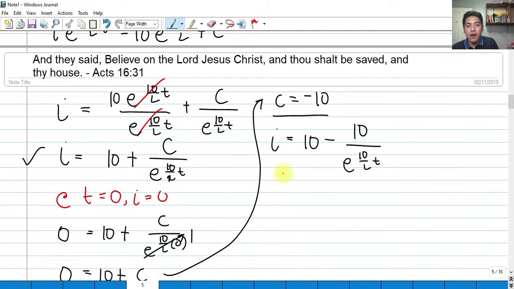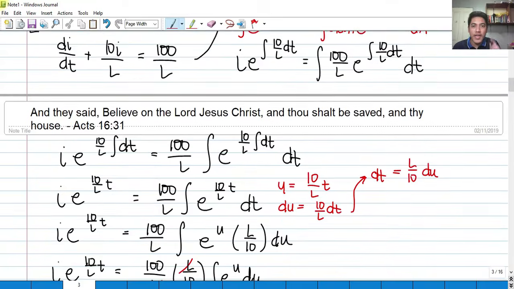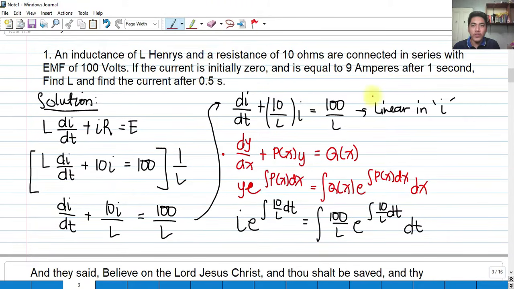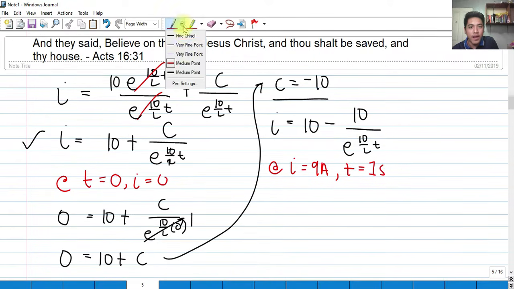And we can now find the value of L by simply substituting the second condition. The second condition tells us the current is equal to 9 amperes after 1 second. So if the current is equal to 9 amperes at time equal to 1 second, I can find the value of L by plugging in these values in our equation.